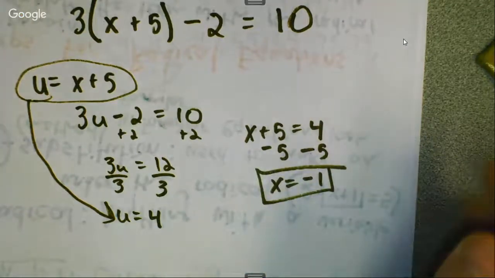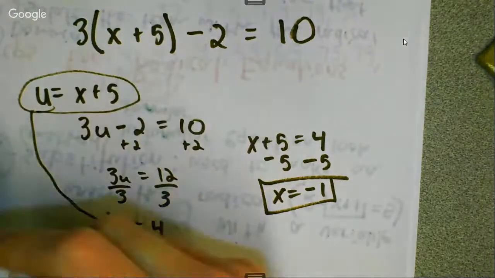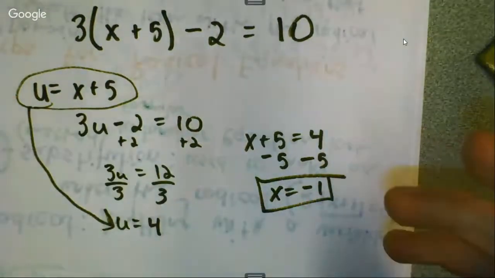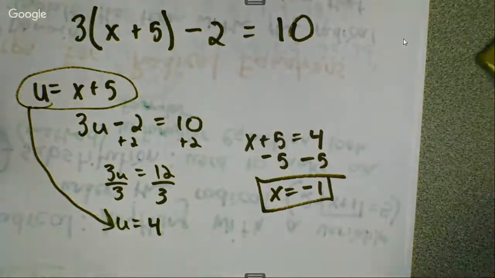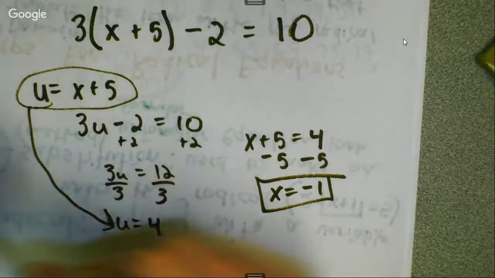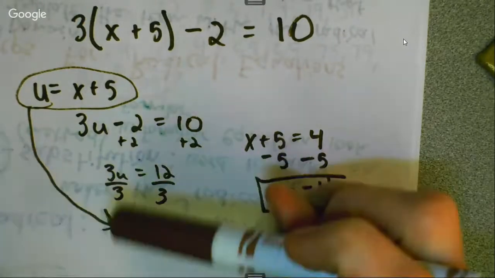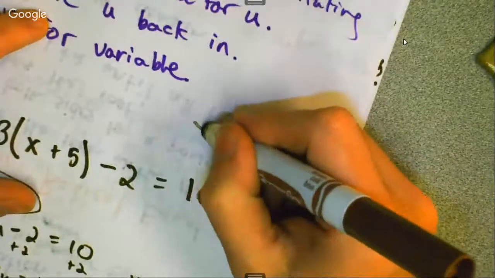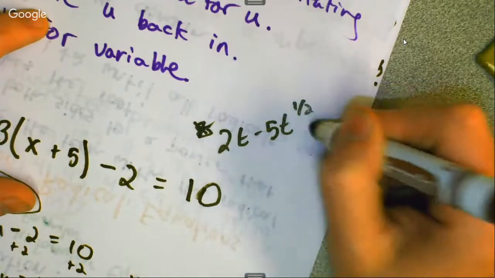Okay, now, could I have done this problem without u substitution? Absolutely. Okay, and I hope that you would, but I want to show you the basic idea of what u substitution is and why it might be helpful to use u substitution when I give you a problem that might look like this: 2t minus 5t to the half minus 3 equals 0.